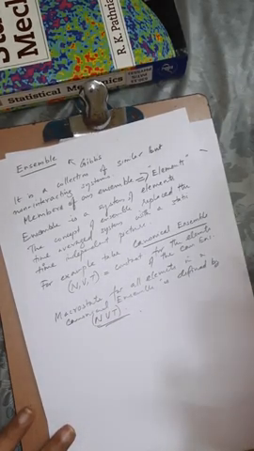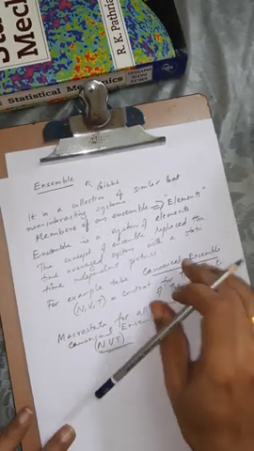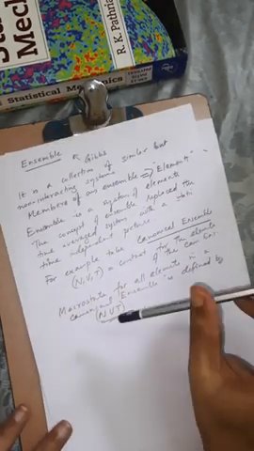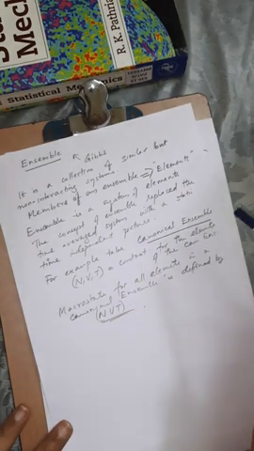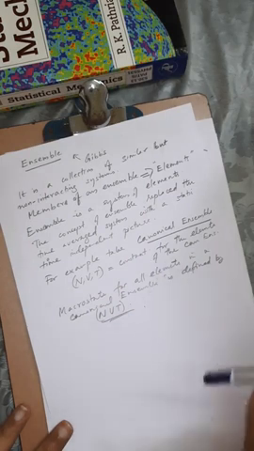So that is a similarity, right? It's a collection of similar but non-interactive systems. So that is the similarity for a canonical ensemble. NVT for those systems are same.